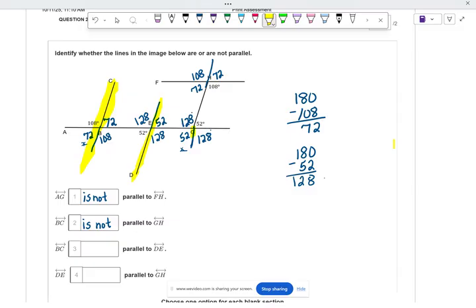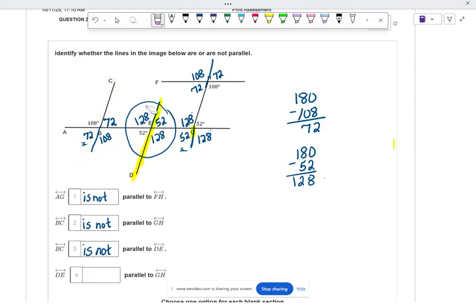But I didn't, because I can see my yellow there. I did BC and GH. Y'all, I got a little confused because we have the same problem. Look, these are 108s and 72s. These are 128s and 52s. They're not working out for us. To make lines parallel, they have to have the same angle measures in their little groups.